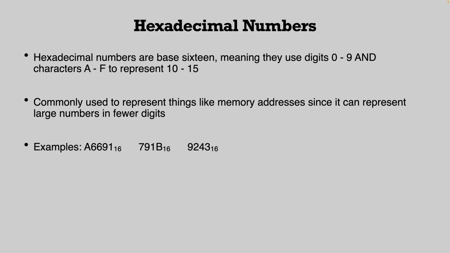And hexadecimal numbers are useful for representing things like memory addresses, since they can represent very large numbers in way fewer digits. And here are some examples down here. You'll see that they use the characters in there, and that you see the base 16 to the side.